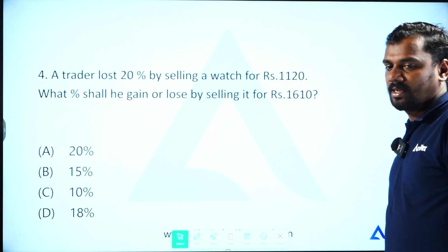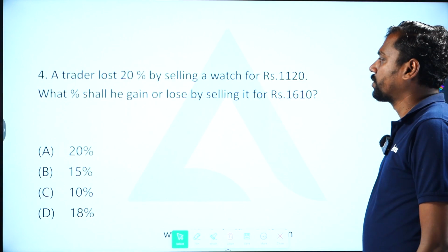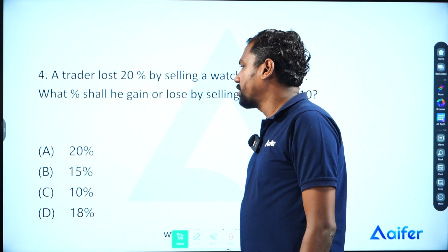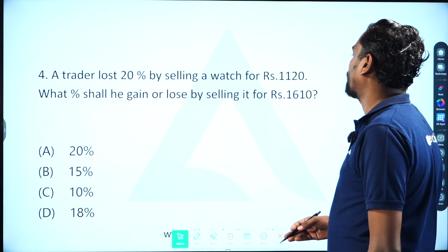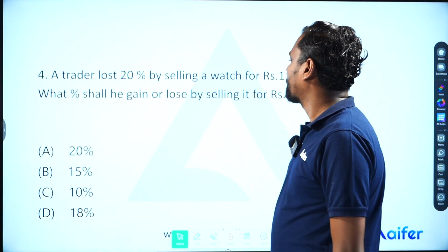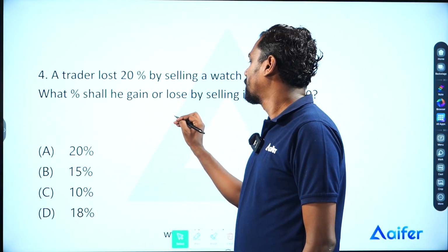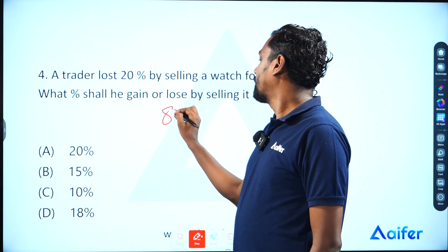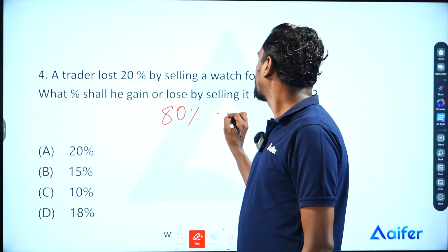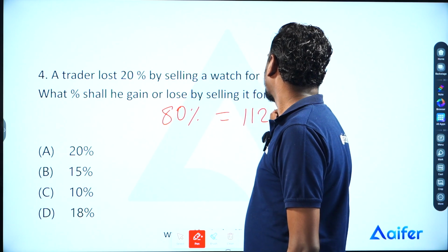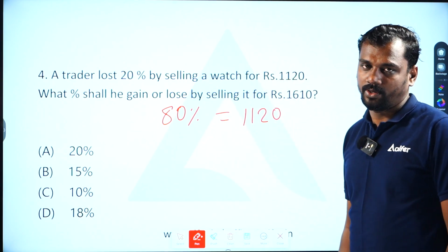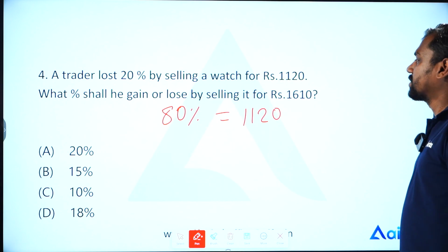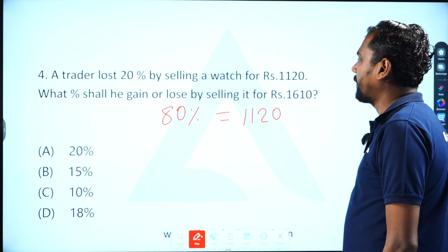Okay, now I'll try to do. So we have 20% loss by selling the watch for 1120. So he has lost, that is, we will be having 80% is equal to 1120.